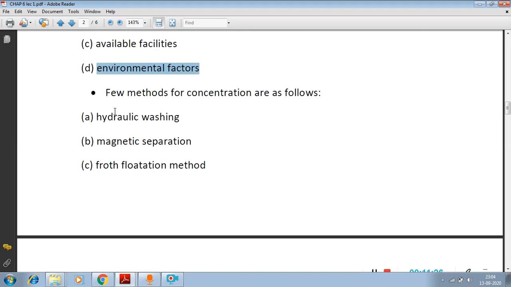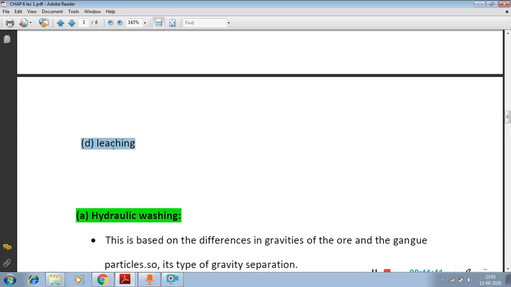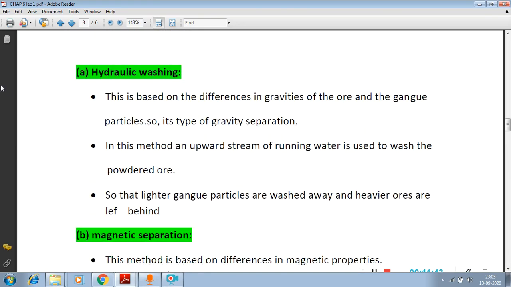Now here a few methods are given for concentration of ore. First method is hydraulic washing. Second method, magnetic separation. Third method, froth flotation method, and the fourth one is leaching. So one by one we are going to learn these four methods.